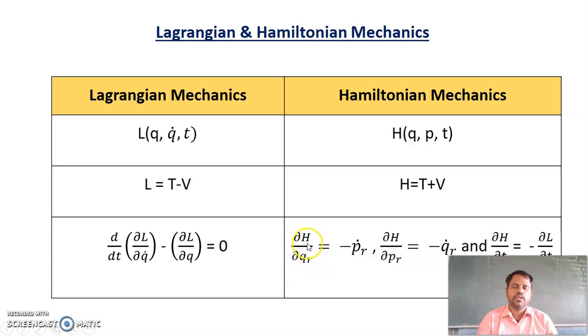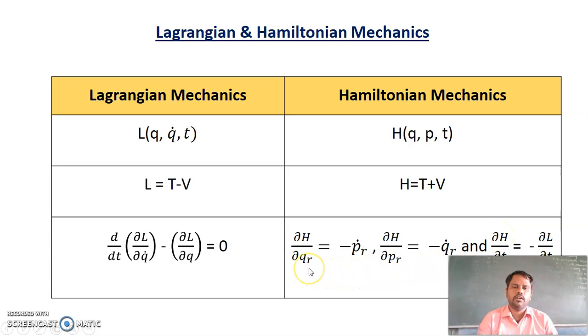Here we use two sets of first order differential equations, that is dou H by dou q r is equal to minus p r dot and dou H by dou p r is equal to q r dot, and dou H by dou t is equal to minus dou L by dou t. However, if the Hamiltonian is independent of time, then this term is set to 0.